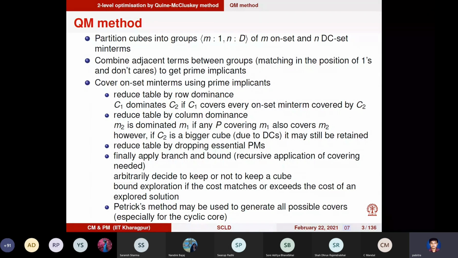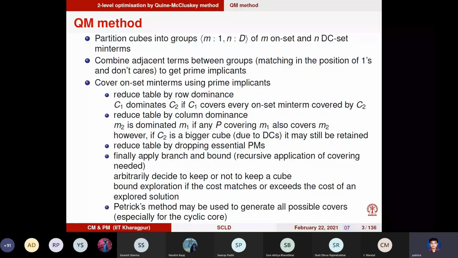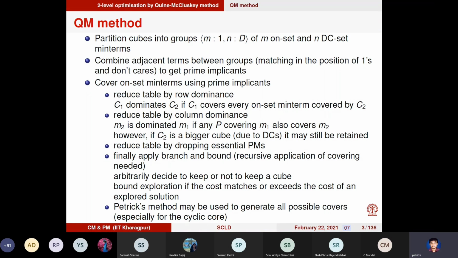Let's say there are m cubes in the on set, and n cubes in the don't care set. Then you combine the adjacent terms between the groups, when their positions match, to get the prime implicants.